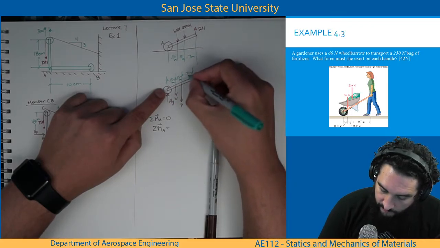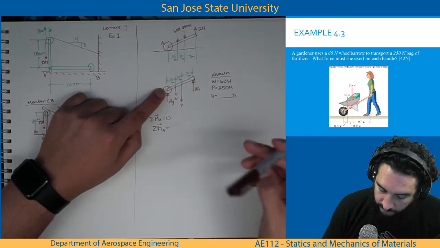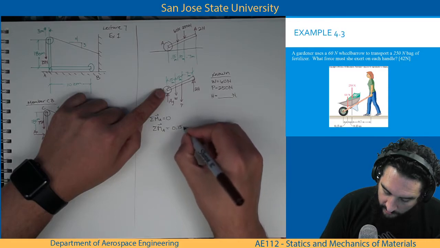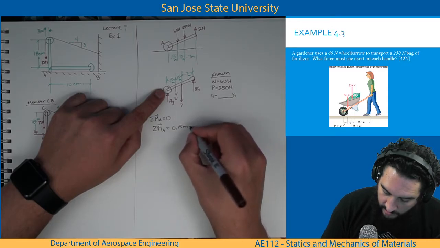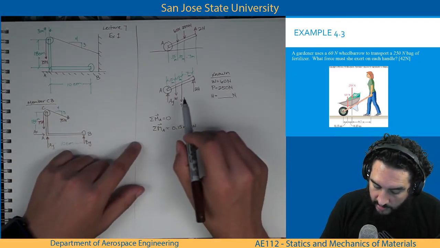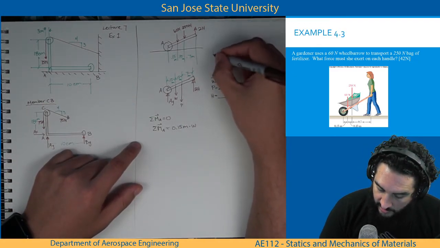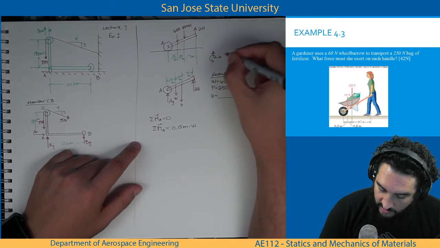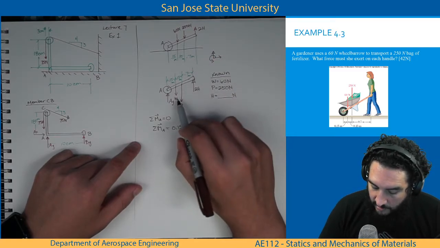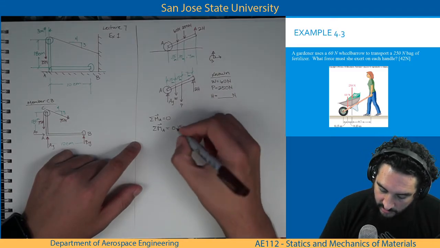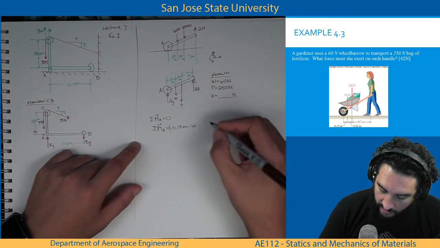Probably should have drawn it bigger. 0.15 meters times weight. Since I have decided that this is my standard coordinate system, W relative to A provides a negative moment, and so this will be a negative quantity.